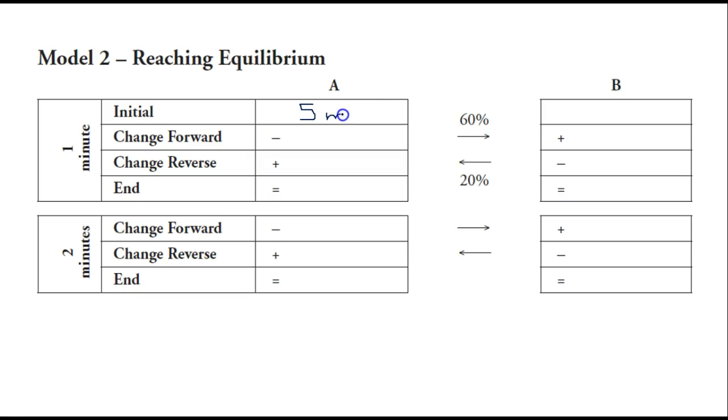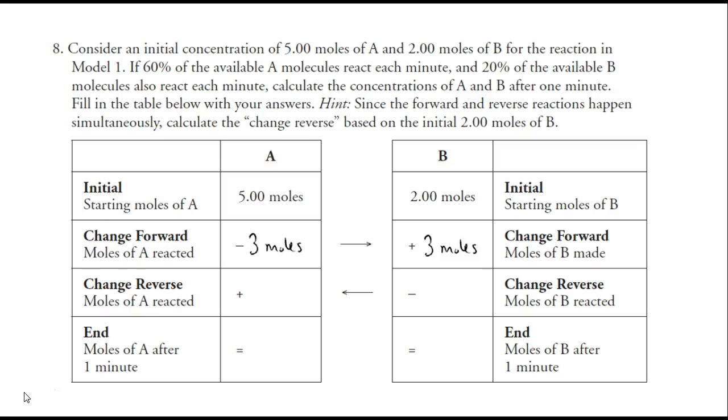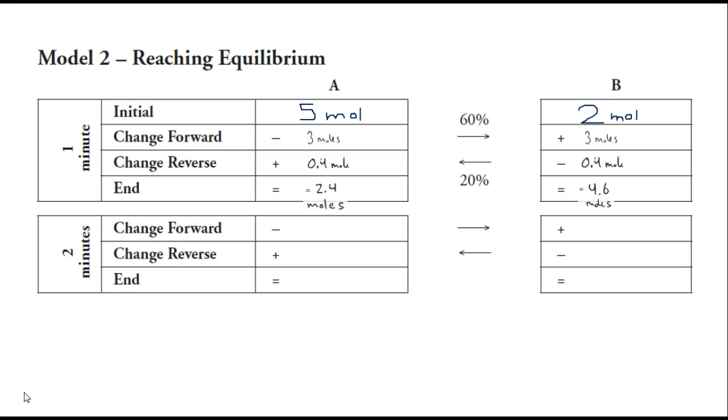So for A, let's assume initial amounts of 5 moles. And for B, let's assume initial amounts of 2 moles. The reason we'll start with 5 moles and 2 moles is because that lets us use the same numbers as the previous example, so we don't have to do any extra work for this first step.